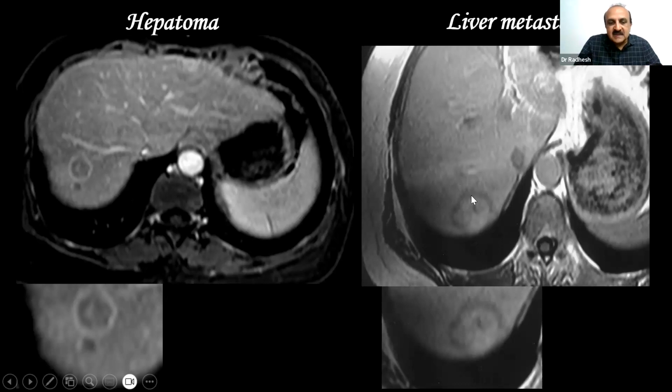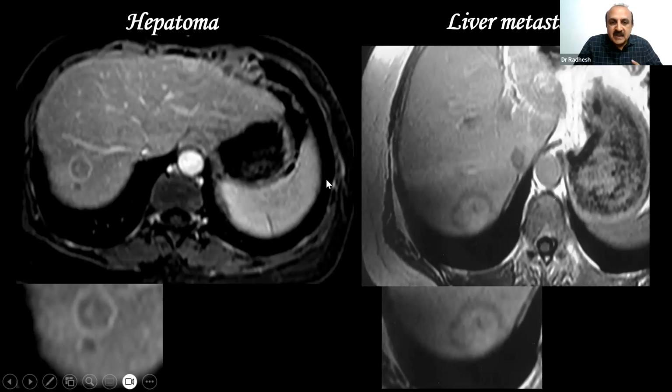And in metastasis, the reverse happens. The capsule gets washed out. It becomes hypointense. So this is basically a peripheral washout. We call it the peripheral washout sign, where the periphery washes out in metastasis. So you see it as a hypointense rim, but in hepatoma, you see the enhancing capsule.